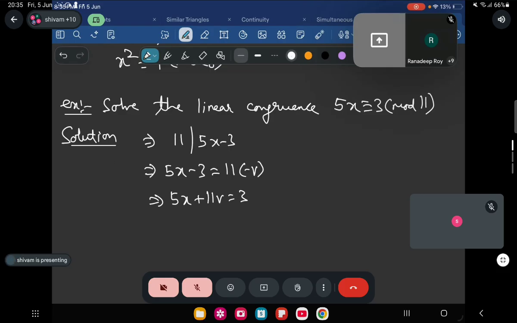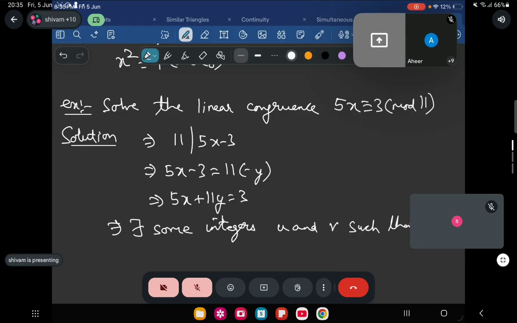1. This implies there exist some integers u and v. I should have written y, so that I can use u, v later. u and v such that 5u plus 11v is equal to 1.